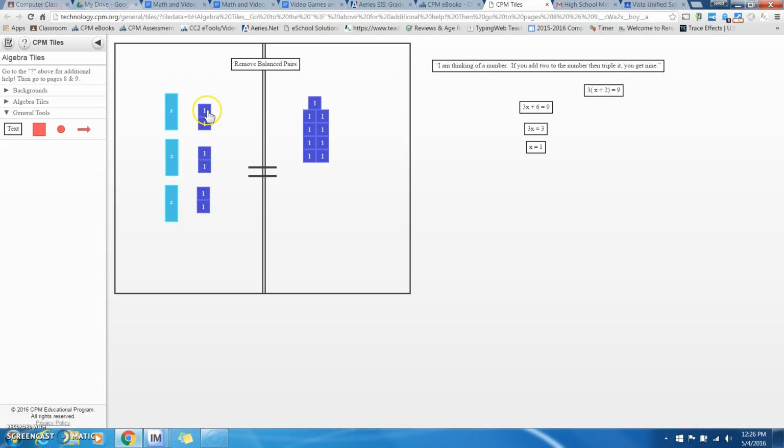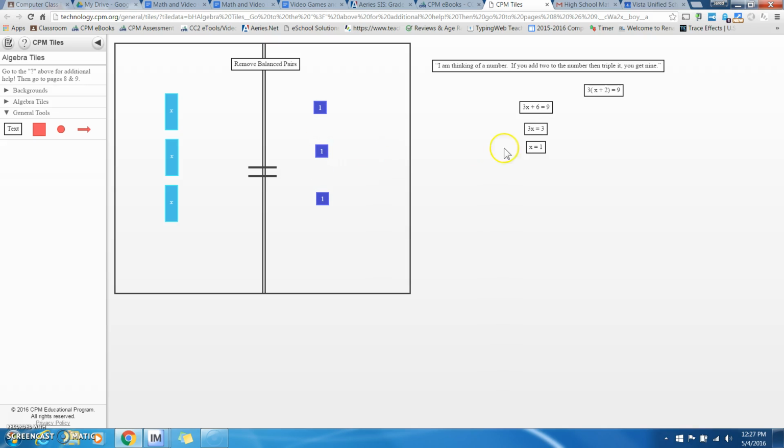So I can remove a total of 6 from both sides. So we get this gone, gone, gone, gone, gone, gone. That's 6 removed on that side. And let's remove 6 here: 1, 2, 3, 4, 5, and 6. Now 6 are gone. So we're left with 3 x's and 1, 2, and 3.